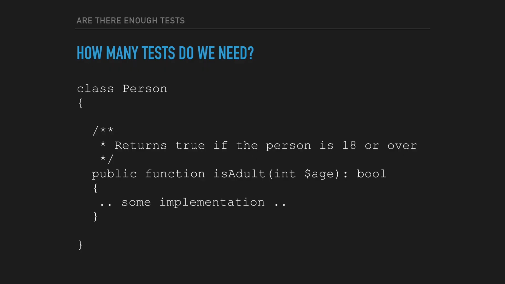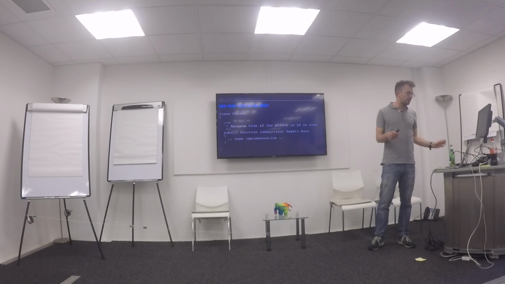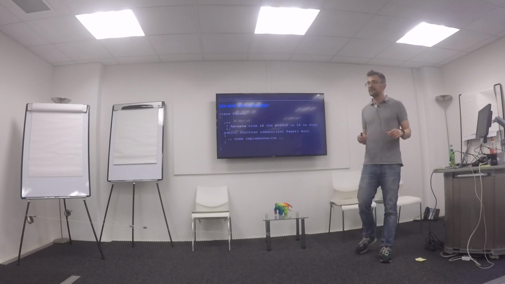And when we're looking at tests, if we're down at more of a unit test level now, we can look at what we're testing and ask how many tests do you think we need for some code like this? What's the absolute minimum we think we can get away with? Anyone got any thoughts on that? Three? Yeah, if I was going to review this, I want to see there are three tests.